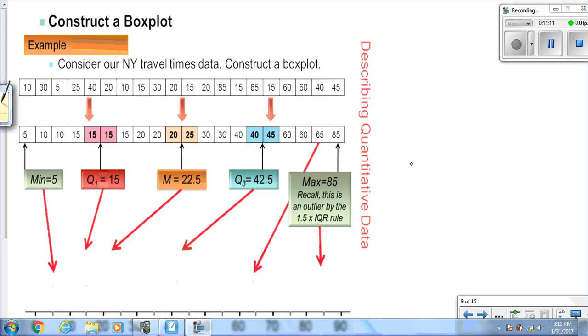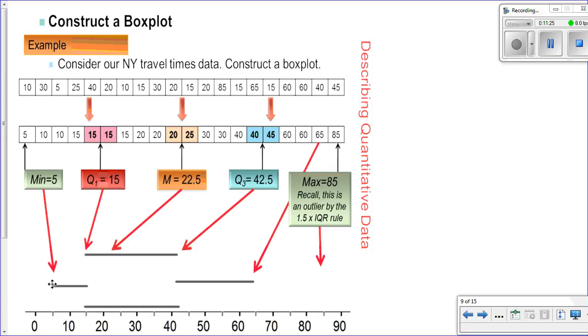So here's the same example that we've been working with. We know our 5-number summary, and from that we can create our box plot. The minimum value would be the first part of the box plot down here, which is 5. Q1 would be the first part of the box. The median would be the line in the middle of the box.